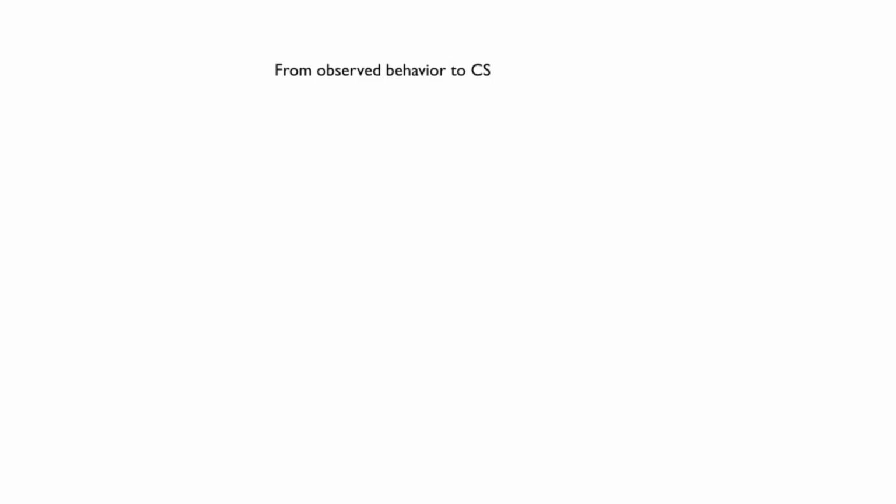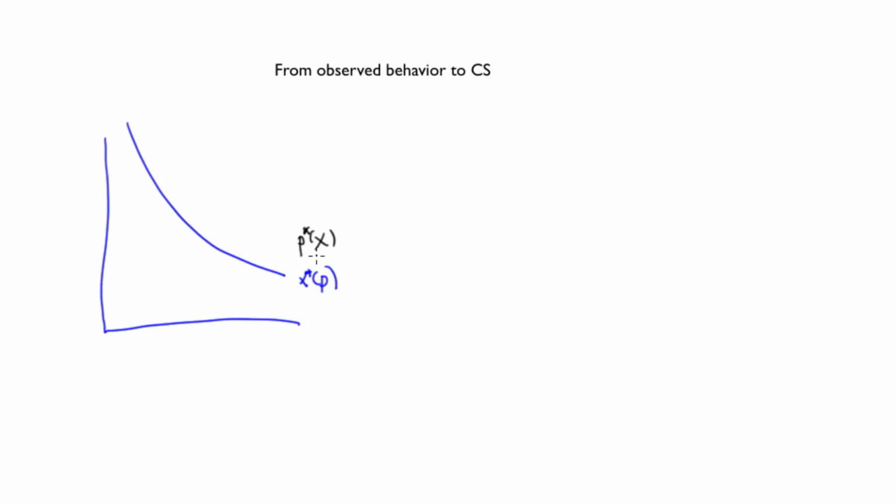So now I can show you how we can go from data, from the observed behavior, to the consumer surplus without knowing explicitly what the experience utility function is. And here's the idea. So again, suppose that I have gone through the data and I have concluded that my demand function is this, which, remember, also immediately implies what is the inverse demand function. Okay?